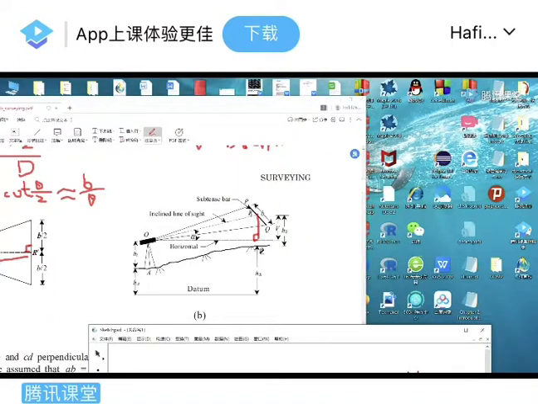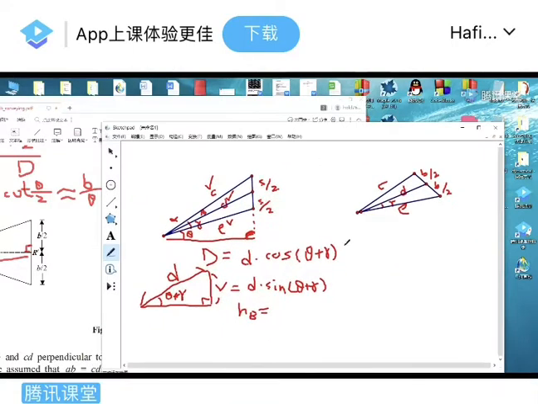Of course, this is a very tailor-made design. Of course, it's possible to have this kind of situation, meaning you bring your leveling staff over there.